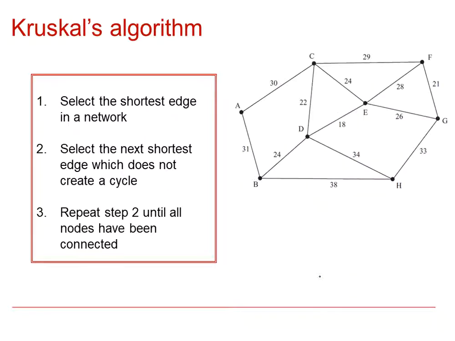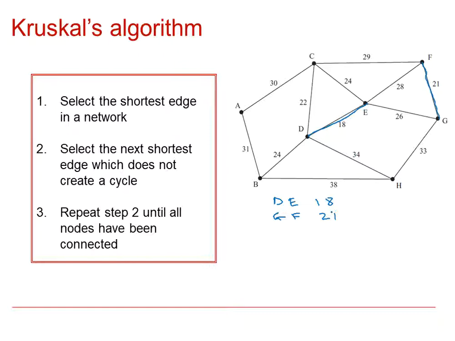Applying Kruskal's algorithm to this slightly more complicated network, the shortest edge on the diagram is the 18. So that's DE at 18. The next shortest edge is GF at 21, so I include GF at 21.